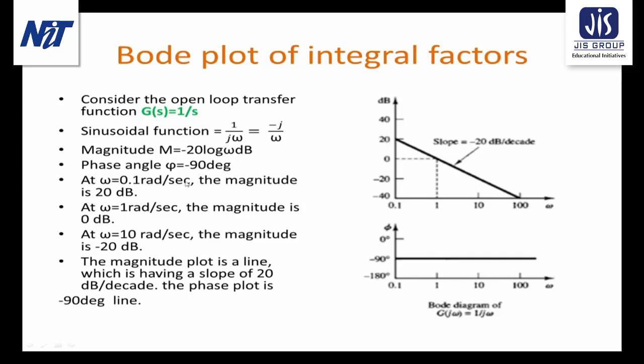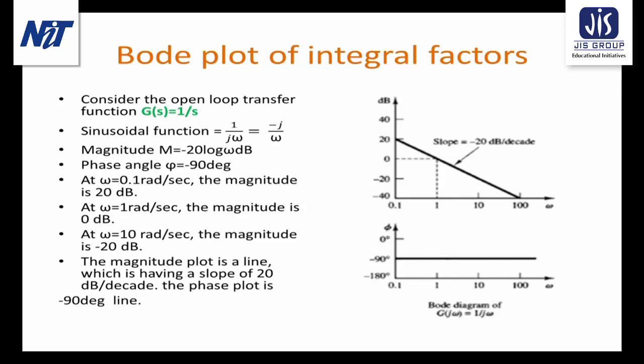So the angle contribution will be minus 90 degrees. And the magnitude in dB will be minus 20 log omega. Actually, it is 20 log of 1 by omega, and due to that 1 by omega, it becomes minus 20 log omega. So now the phase angle is minus 90 degrees.